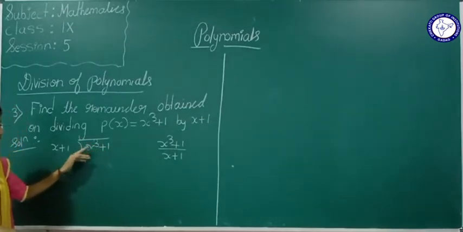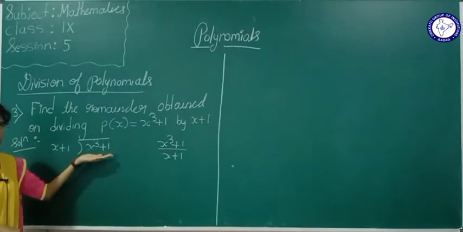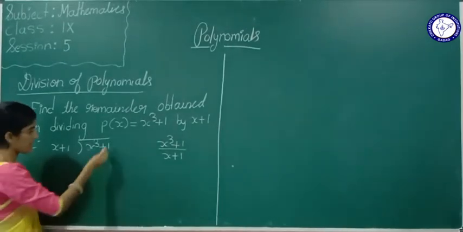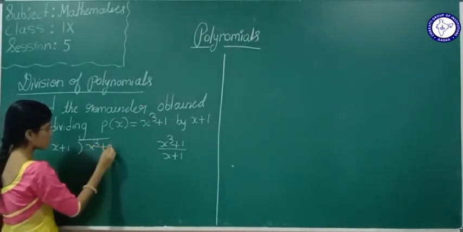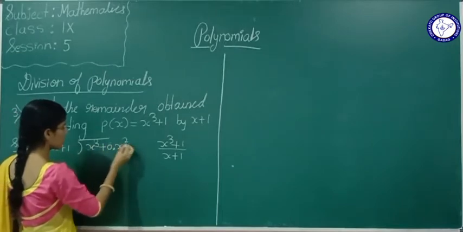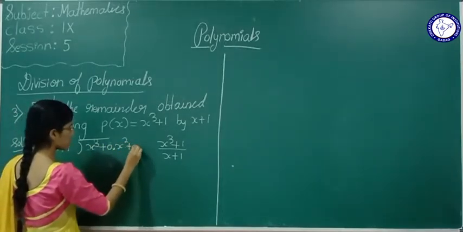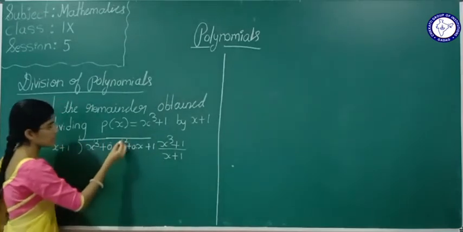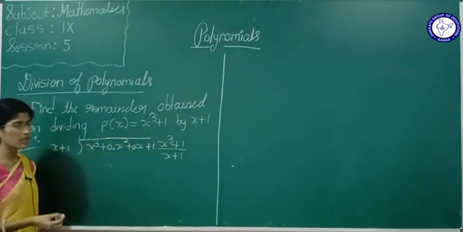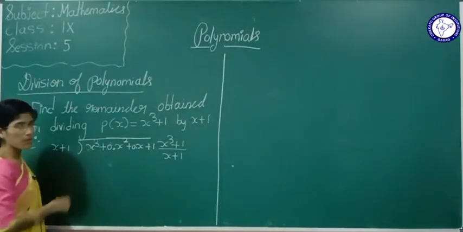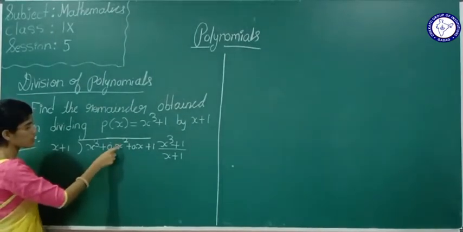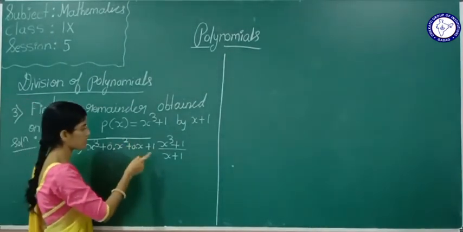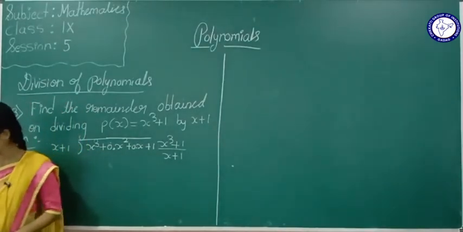Here only x cube plus 1 is there. This can be written as x cube plus 0 dot x square plus 0 dot x plus 1. Is there any problem if you write it like this? No, because 0 into x square is 0, and 0 into x is 0, plus 1.